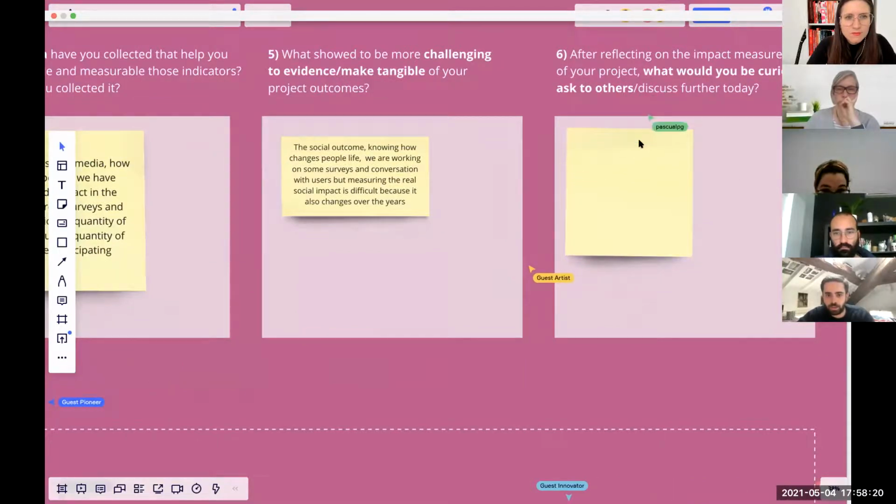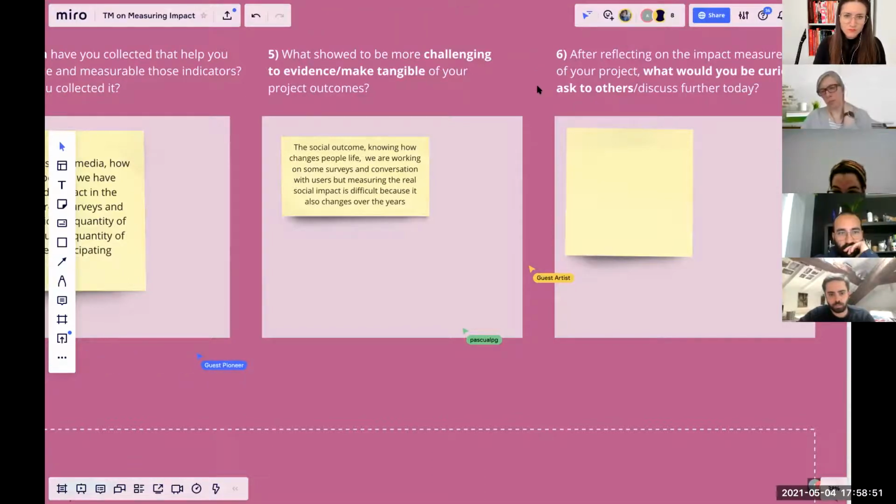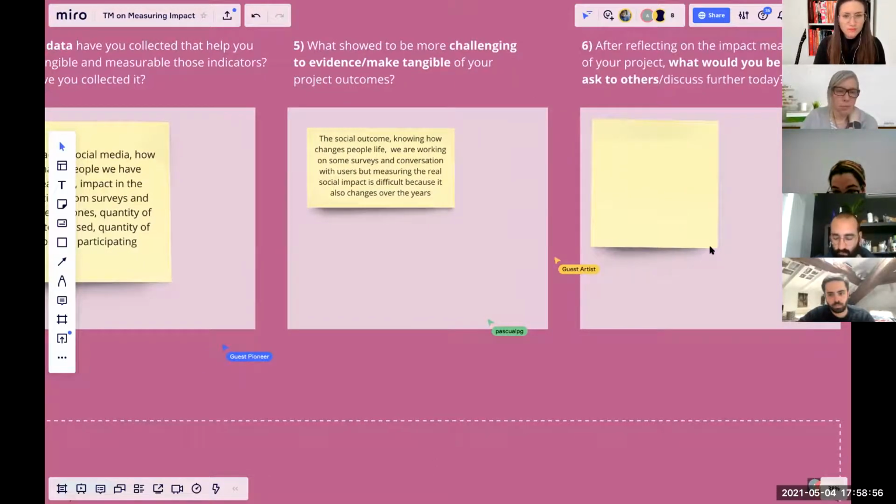I think the most difficult outcome to measure is the social outcome, because it is going to change over the years, and we will know how it changed the use of the square, and how the citizens have been participating in the process, and their motivation about this type of ecological systems and participatory processes, but we don't know how it will develop in time.